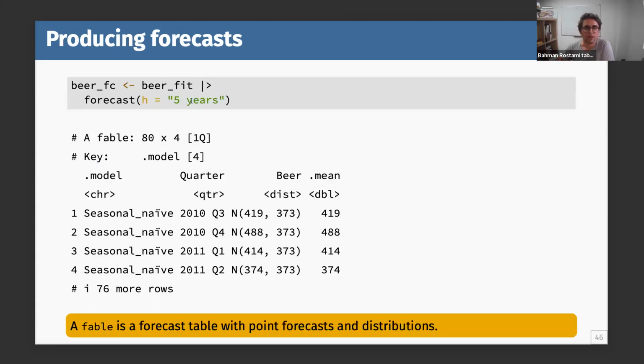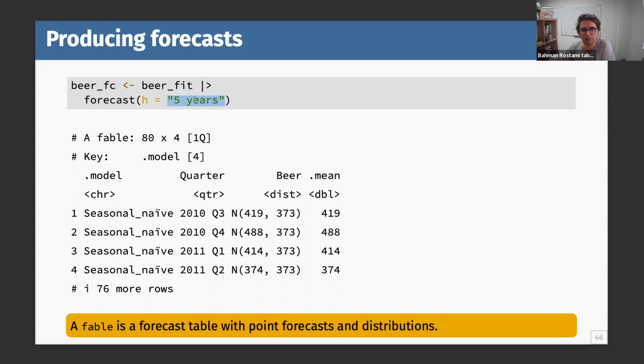So what we do then to produce a forecast, we take the mable that I just created and saved, and with a pipe operator, I pass it to the forecast function, and inside parentheses, I put h equal. You can either provide this as plain English, inside quotes, or you can provide a number.